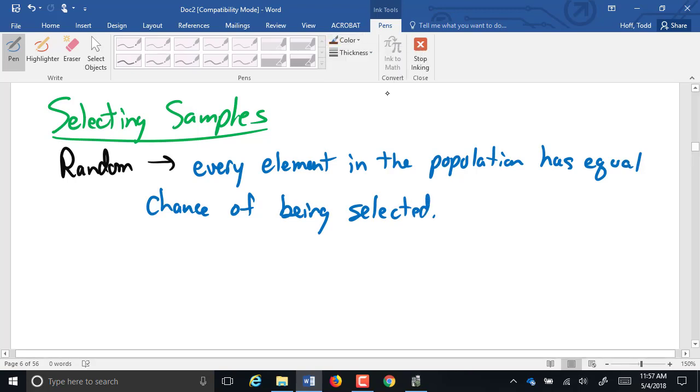So every person or every item in the population has an equal chance of being part of that sample.